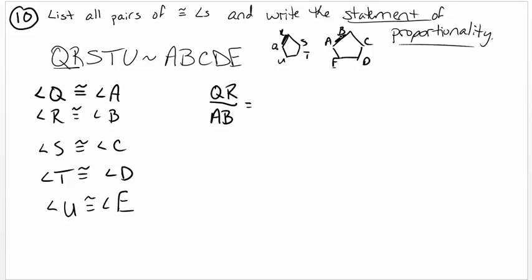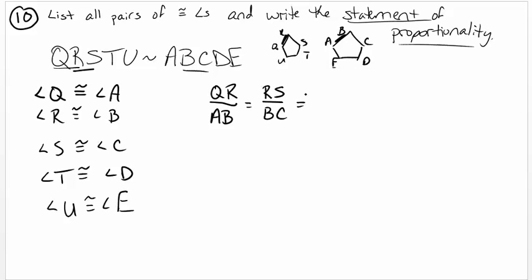Now, since I put QR on top, for all of my statement of proportionality, sides from QRSTU must be on top. So my next side, I'm going to use the second and third letter, RS. That corresponds to second and third letter, BC.